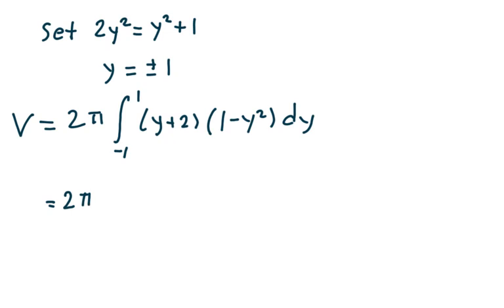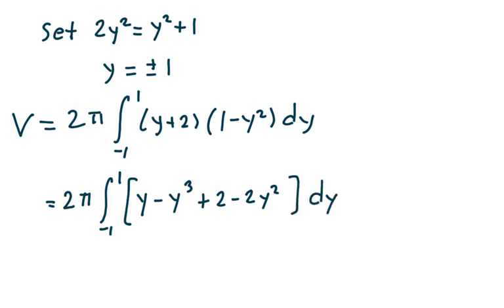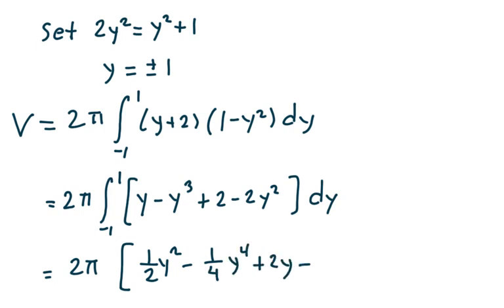And so this is 2 pi times the integral from -1 to 1 of y minus y cubed plus 2 minus 2y squared dy. So this is 2 pi times 1/2 y squared minus 1/4 y to the 4th plus 2y minus 2/3 y cubed from -1 to 1.